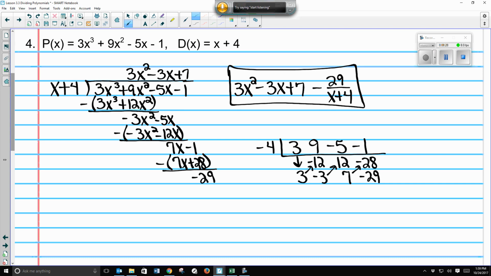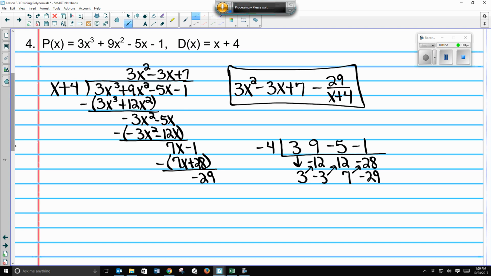And so for the last one, where it's negative 29, would you just know to put it over x plus 4? Okay. If the last number is 0, then there's no remainder. That's like getting a 0 here. If there is a number, then there's a remainder. Whatever this is, it's your remainder.